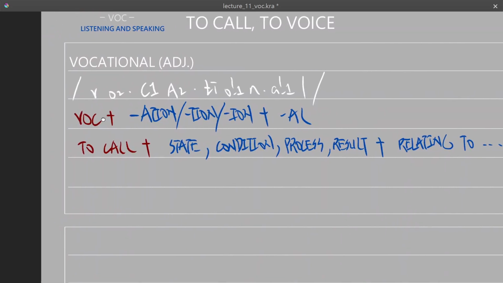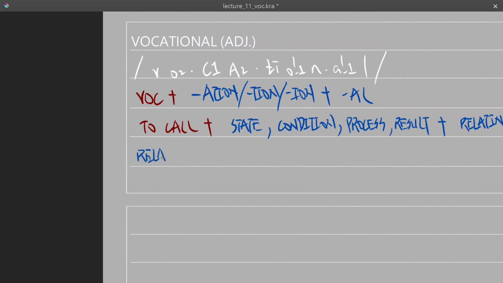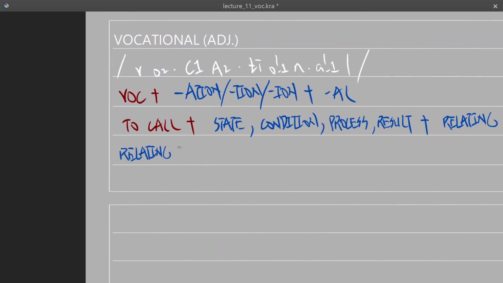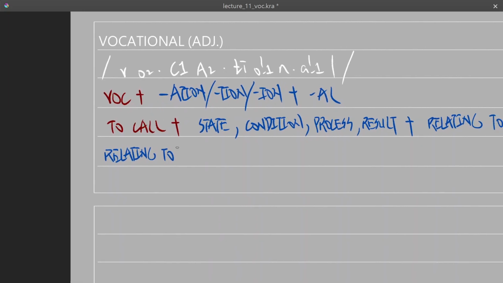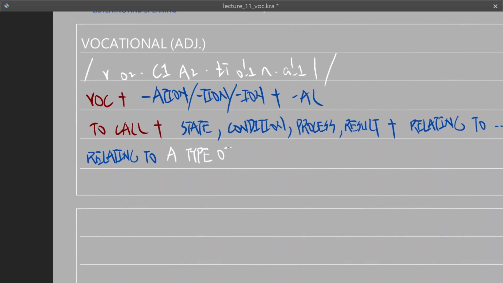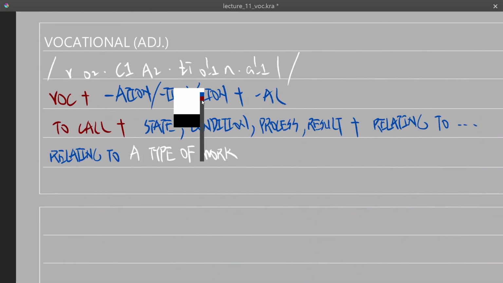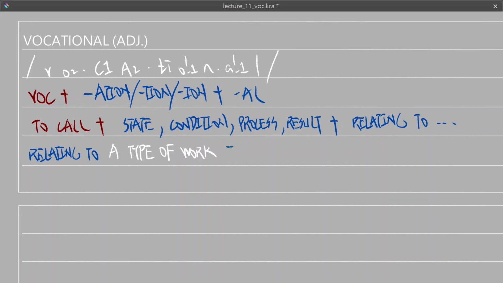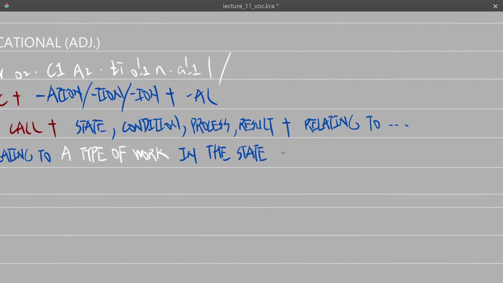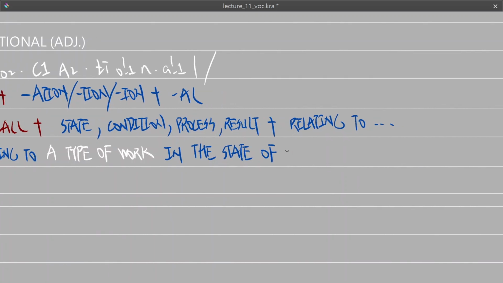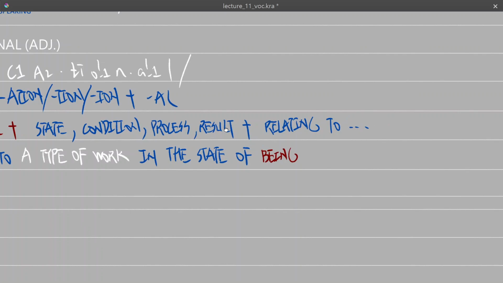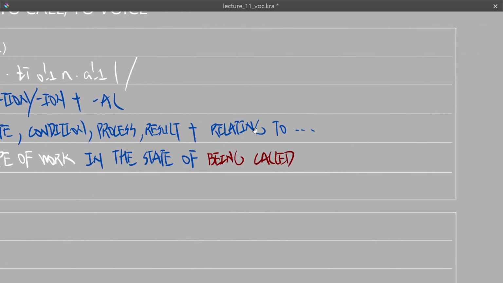So vocational literally means relating to the type of work or job in the condition or in a state of being called by God.